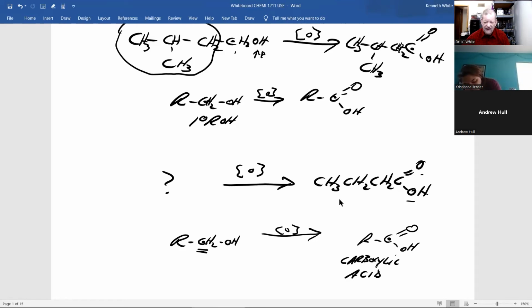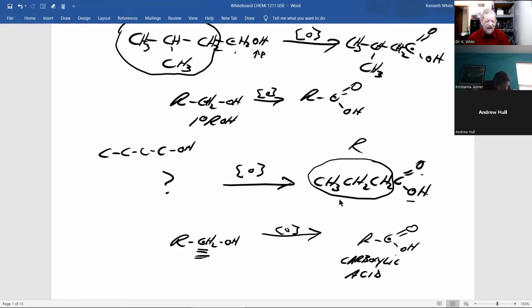Well, if I end up with 4 carbons, I better start out with 4, or you can also say this is R. And then this carbon will have an OH, and I'll have 4 bonds to carbon.